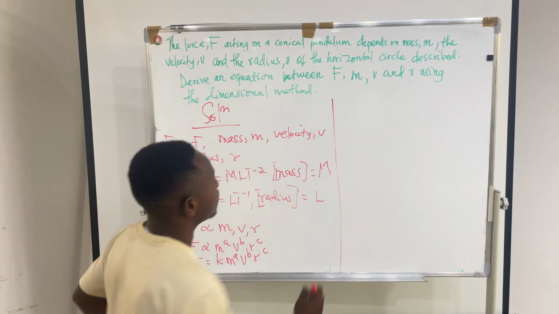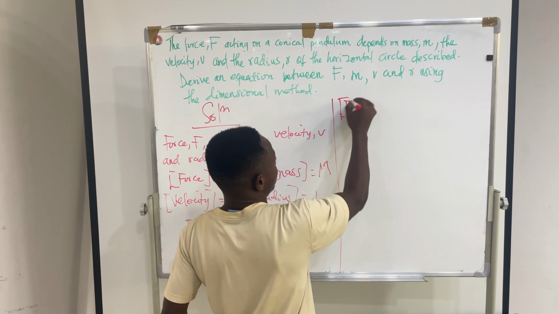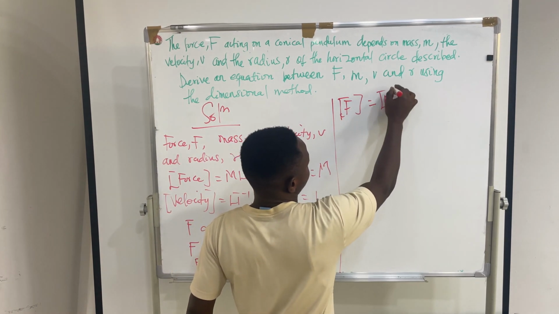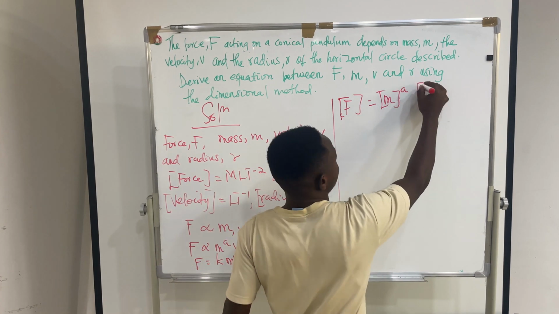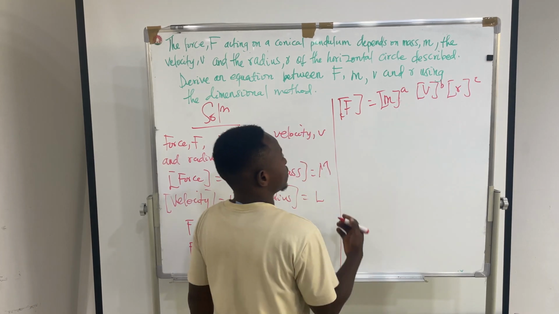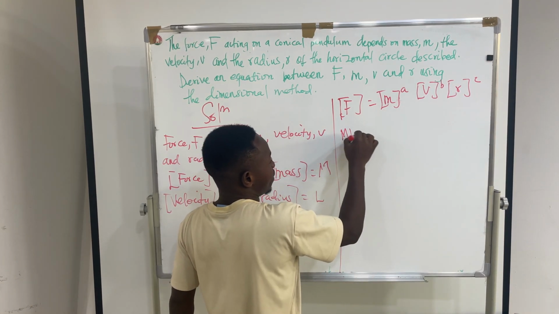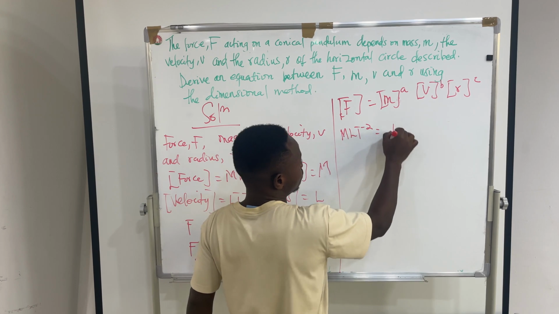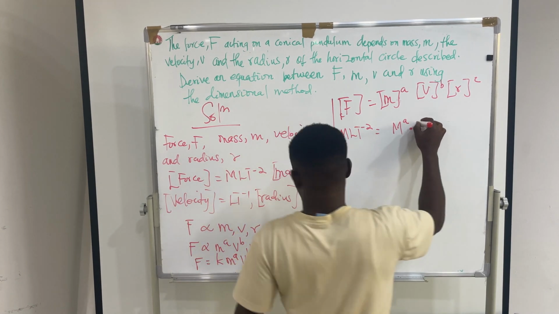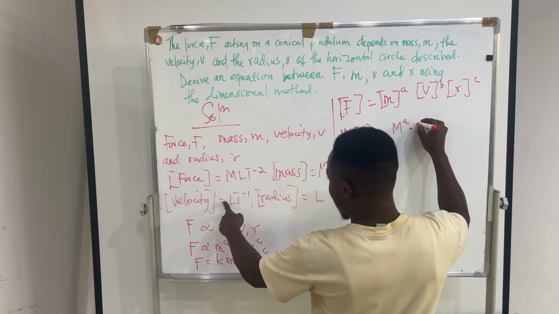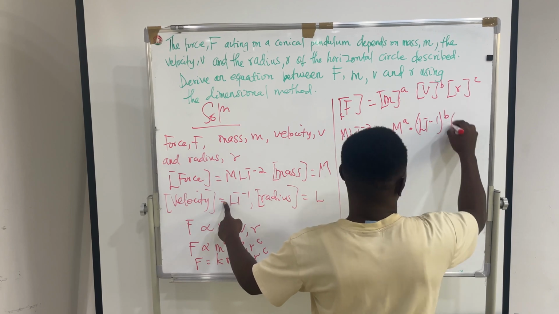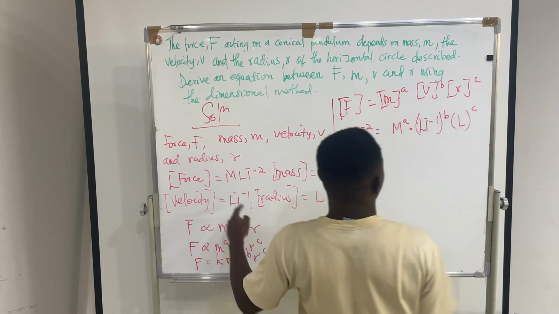Now that means the dimensions of F must be equal to the dimensions of m to the power a, dimensions of v to the power b, and dimensions of r to the power c. So MLT^-2 equals M^a multiplied by (LT^-1)^b and then L^c.